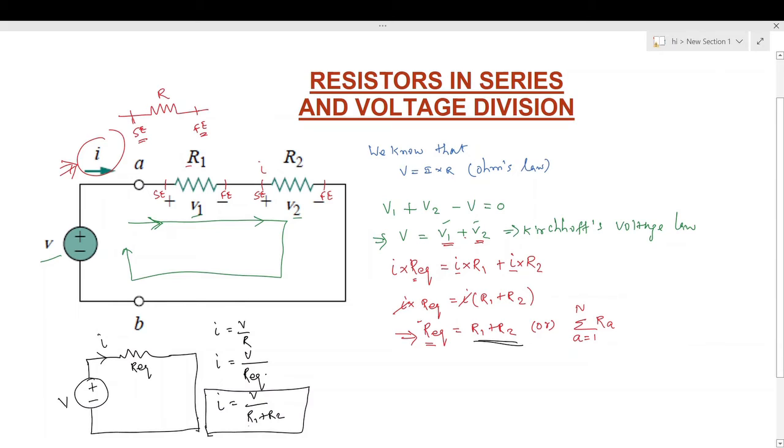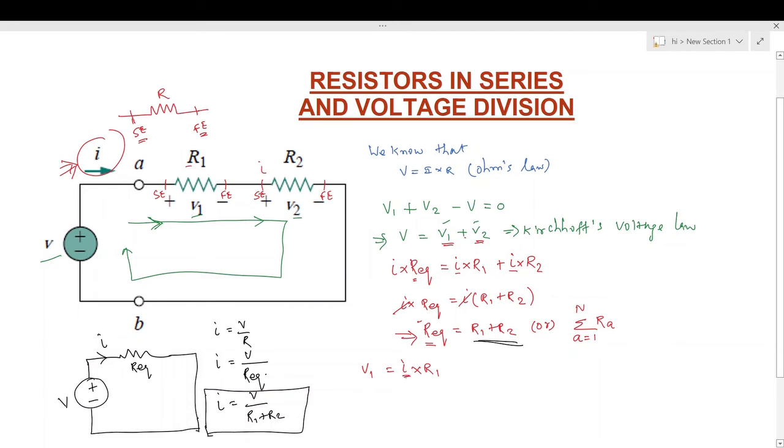Okay. Further, we need to find out the voltage drop across individual resistors in terms of supply voltage and the resistance value. For that, we need to find out individual resistor voltage drops, that is V1 and V2. That is V1 is equal to I into R1.